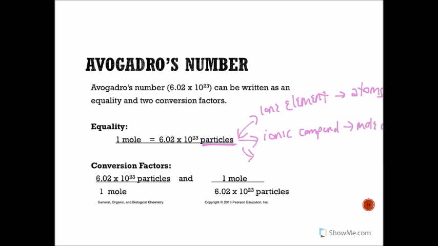And if we had an ionic compound, we'd replace the term with formula units. Sorry about that. And if we had a covalent compound, we would use the term molecules here.